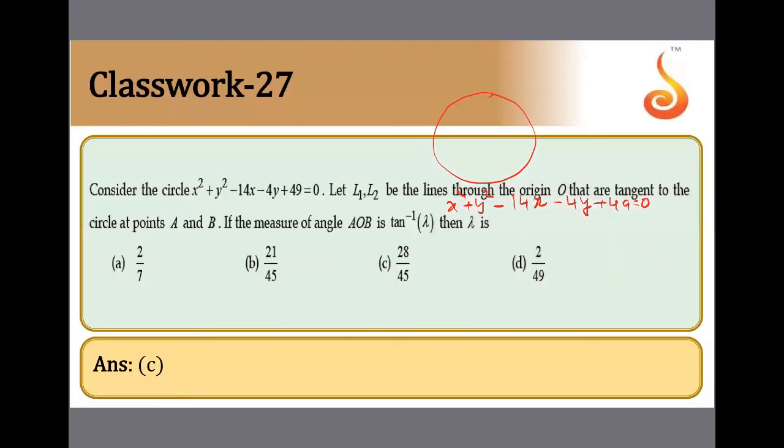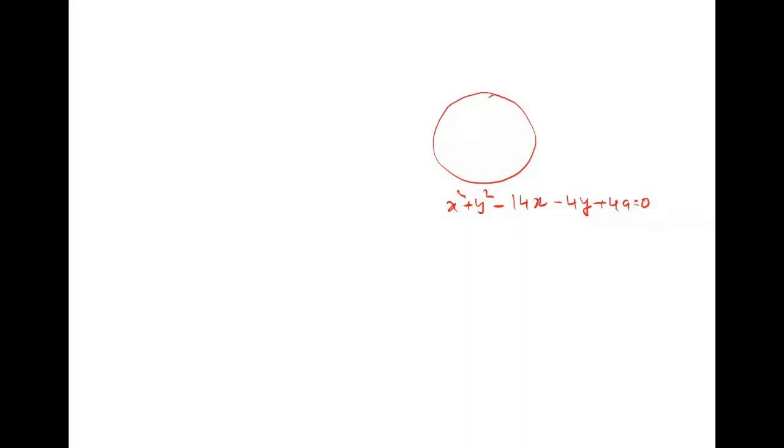Now L1, L2 are the two lines through the origin. So this is the origin. From the origin you have drawn them. You want this angle. Clear? The angle between the lines you have to mark. Any doubt in this?